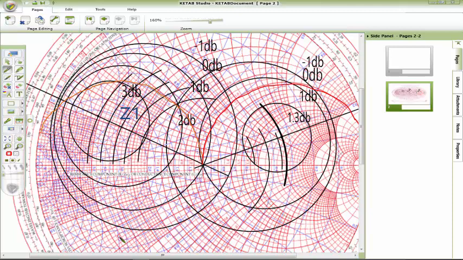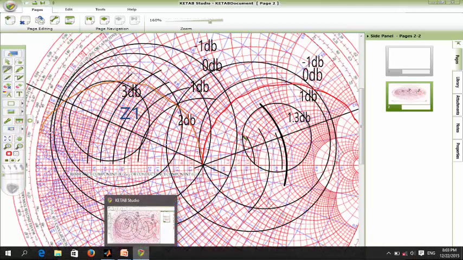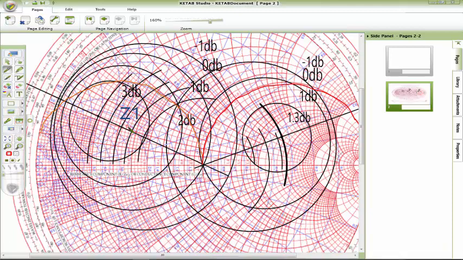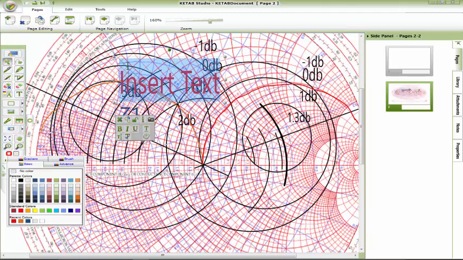Okay, I will continue now. After that, we want to go from this point to this point here. Okay, this point I will label as Z2.